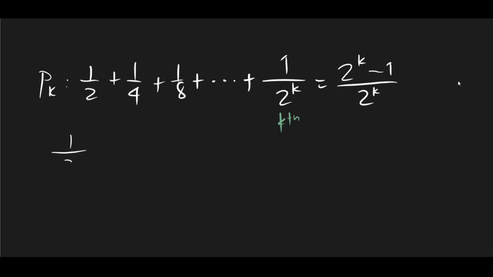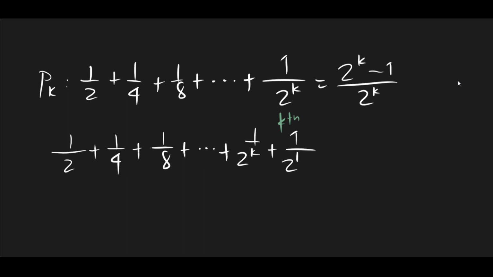So 1/2 plus 1 over 4 plus 1 over 8 plus dot dot dot plus 1 over 2 raised to k, plus 1 over 2 raised to k plus 1, is equal to (2 raised to k minus 1) all over 2 raised to k, plus 1 over 2 raised to k plus 1.